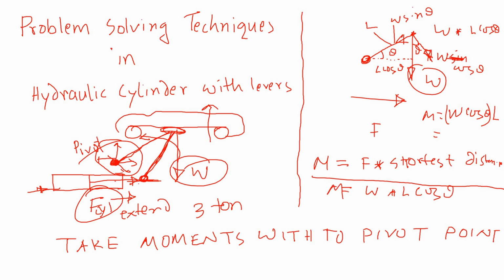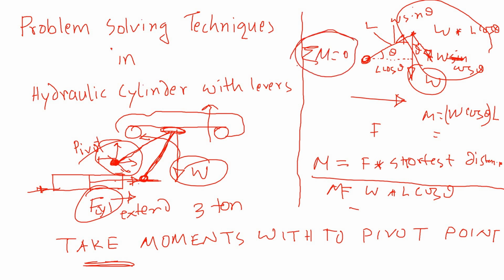So whatever makes it easy for you, just do that. Either you take the shortest distance or resolve the force. To summarize, to work with a cylinder problem, you take moments with respect to the pivot point, and then either you resolve the forces or you just find the shortest distance, and then the summation of all moments sums to 0, and you're done.